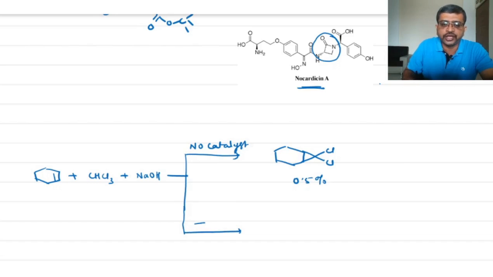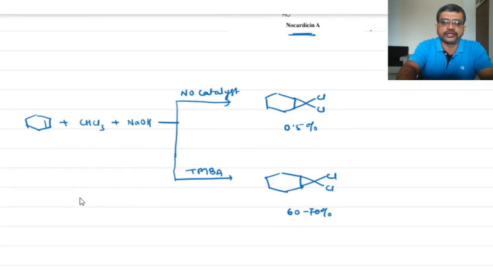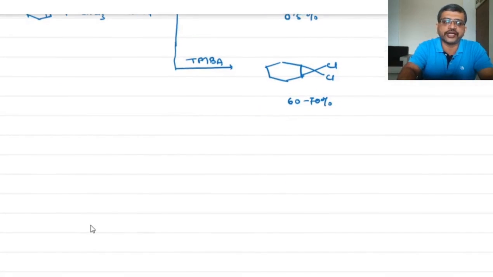But when we are using TMBA as the catalyst, we will get the same product, but this will be in the range of 60 to 70%. So there is a huge difference that occurs when we are using a phase transfer catalyst and when we are not using a phase transfer catalyst. So these are the advantages of phase transfer catalyst.